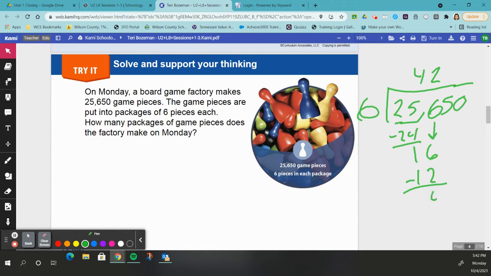Subtract, bring down your 5. Then this would be 7, 42, minus 42 would be 3. And then bring down your 0. And then times 5, and you would subtract your 30, right? All of those ways give you 4,275. So all of them are different ways that you can work these problems.